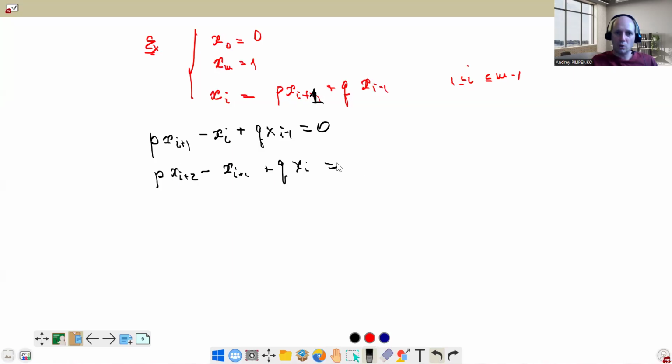So the order is 2, and the characteristic polynomial is p lambda squared minus lambda plus q. Let's solve this equation and recall that q is 1 minus p.